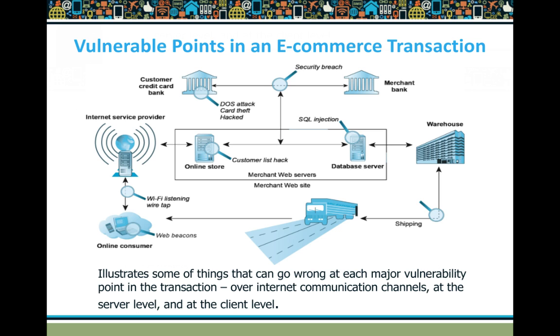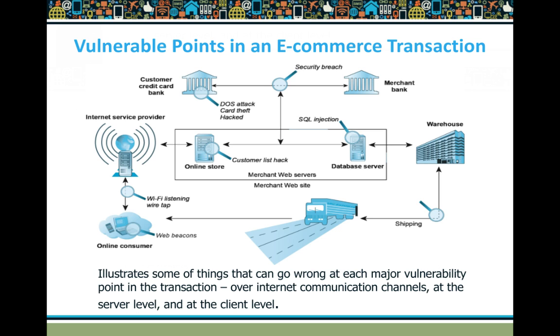So first, at the part of the online customer, when he tries to make orders, we can have web beacons getting attached to record the activities of the normal consumer. Then the online merchant's catalog or website can be hacked, and the details of the products can be taken. Even the database server that maintains the details of products can be attacked by an SQL injection attack.